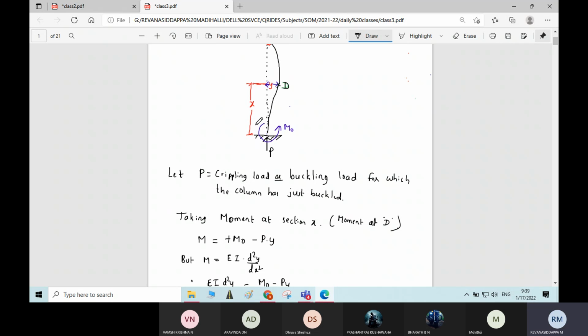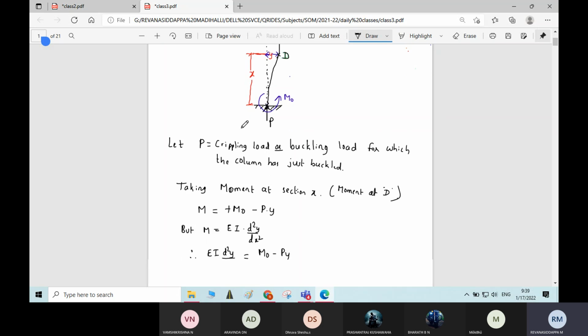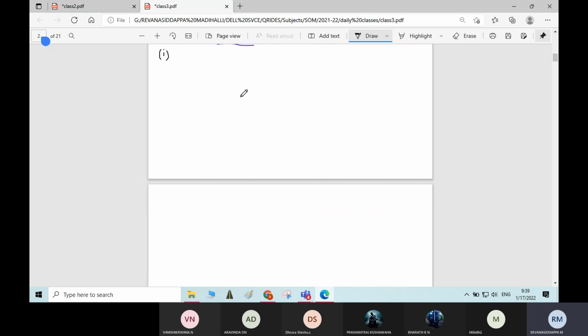Here we have considered x as a variable along the height of the column. When x becomes 0, what about the displacement y? When x equal to 0, displacement y is also equal to 0. I will write the same condition here: at x equal to 0, the corresponding displacement y equal to 0.